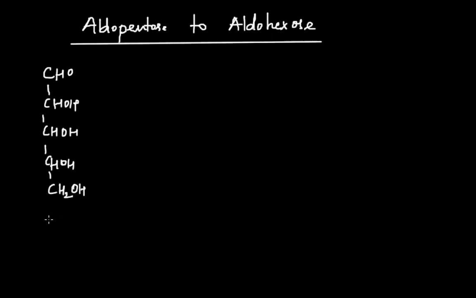So this is your aldopentose. React it with hydrogen cyanide, in aqueous solution. So what you end up getting is a cyanohydrin.